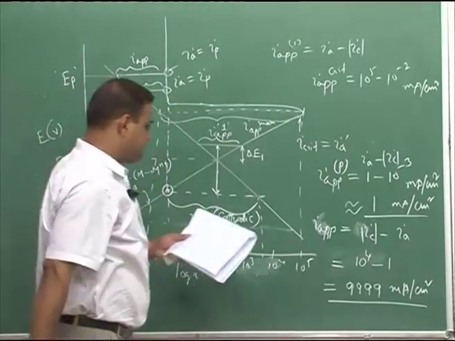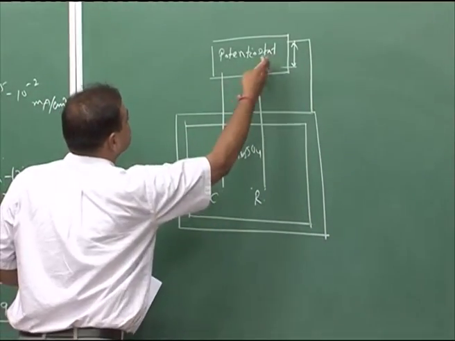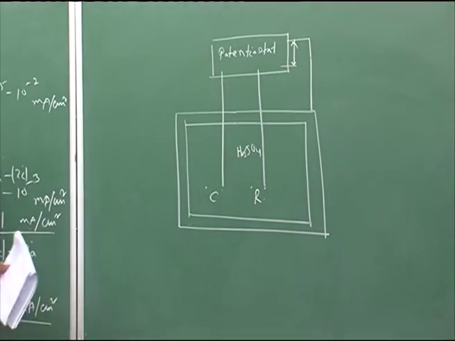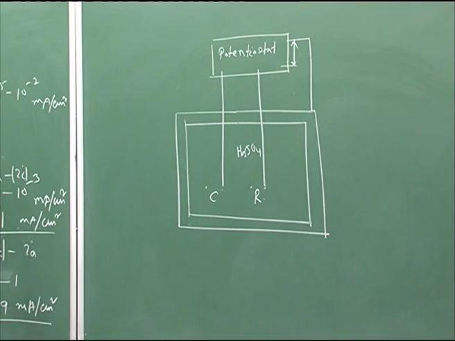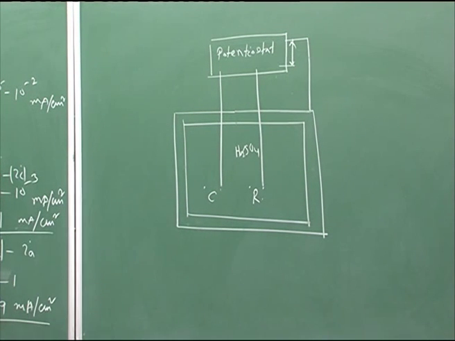So, this is a sort of experimental arrangement, and this reference electrode will measure the potential difference between the counter and the steel object. So, this is the experimental arrangement in order to increase the potential of the metal object, which is to be protected anodically.